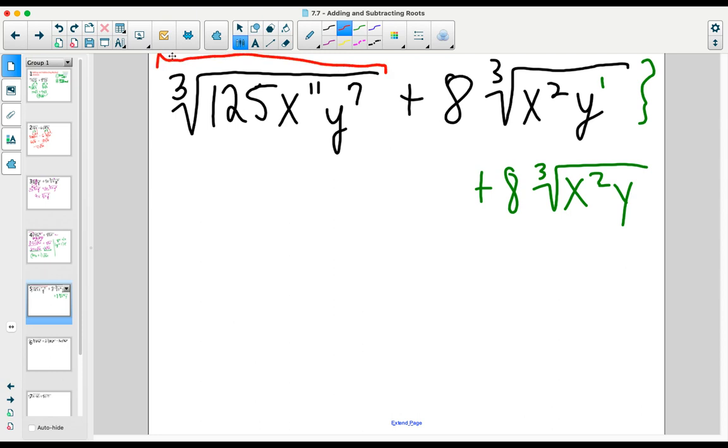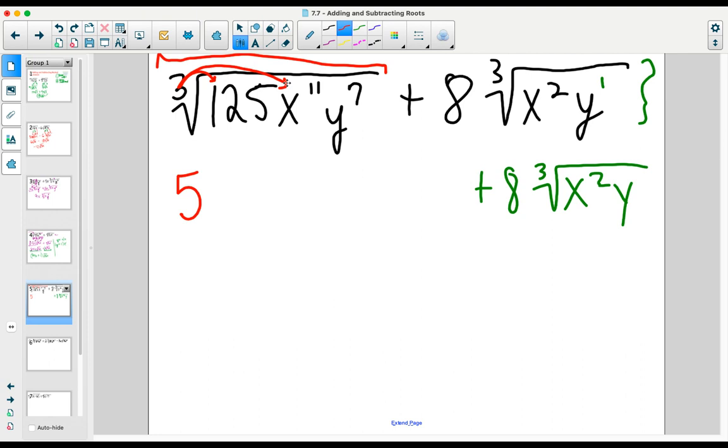Now, fortunately, this question was designed to work that way, so we should see some pretty significant simplifications. Let's start by going cube root on every one of the factors on the inside. So let's go cube root of 125. Well, that's just 5. That's one we should know. We're going to take the cube root of x to the 11th.